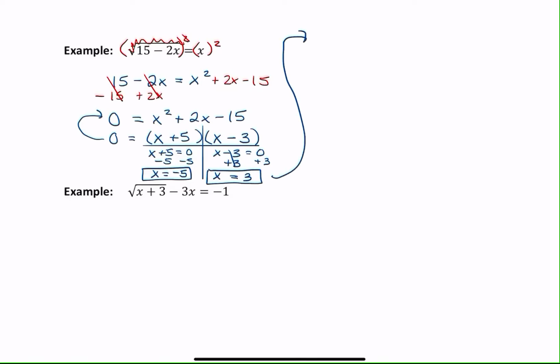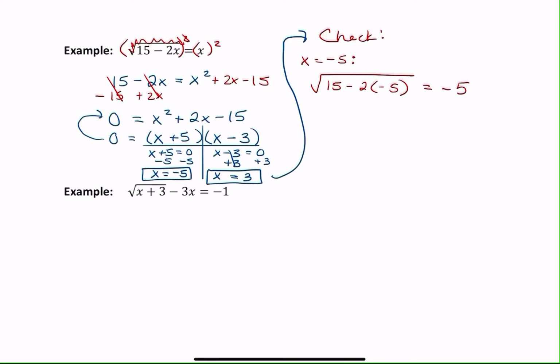Now I want to check those back in the original equation. So let's look at negative 5 first. If I plug that into the equation, I've got the square root of 15 minus 2 times negative 5 equals negative 5.